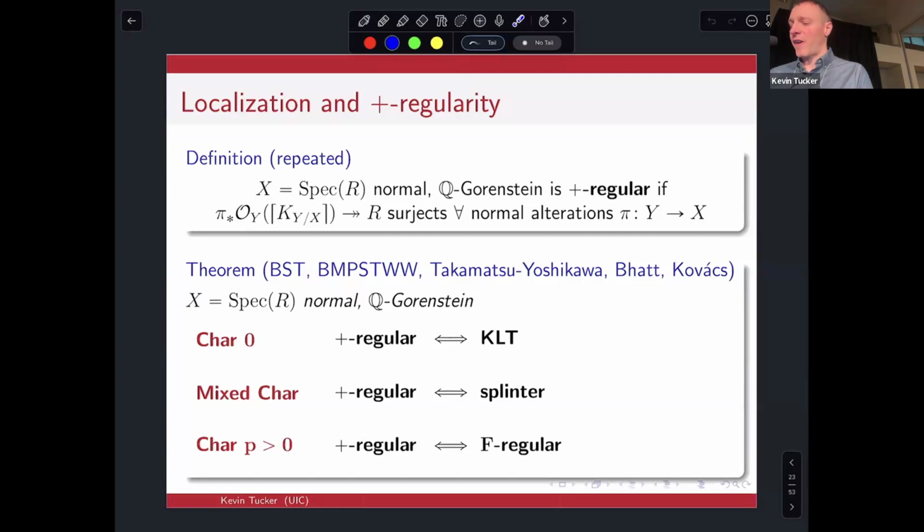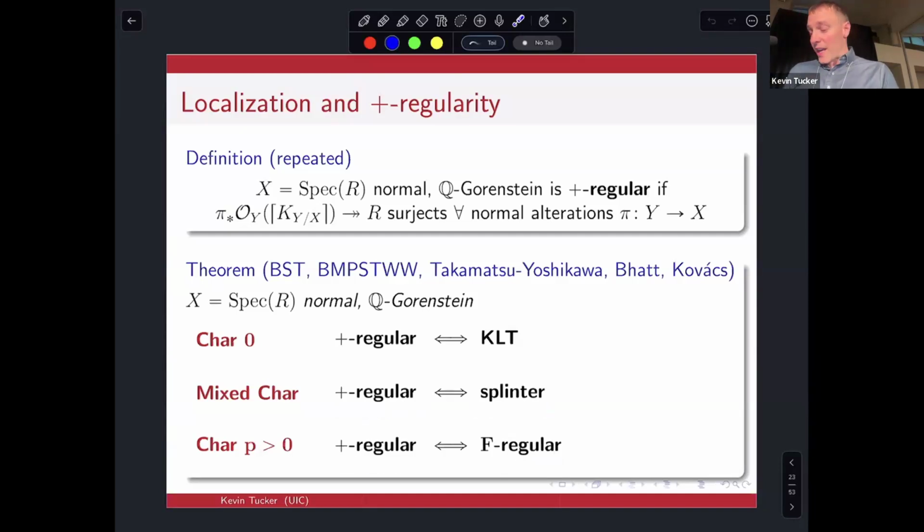All of the finite covers already split, and so the resolutions capture all of the behavior that you might want to see. In mixed characteristic, the theorem would be that requiring splittings for finite maps or this condition for alterations are the same thing. And then again in characteristic p, F-regular, which we already saw was the same as splinter, was the same as this plus regular.